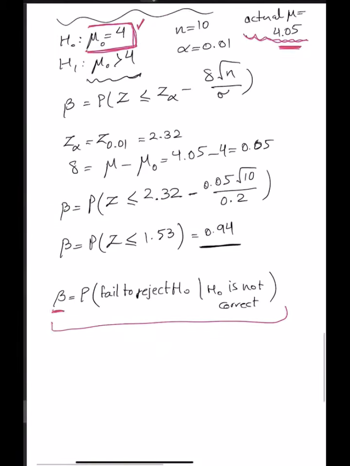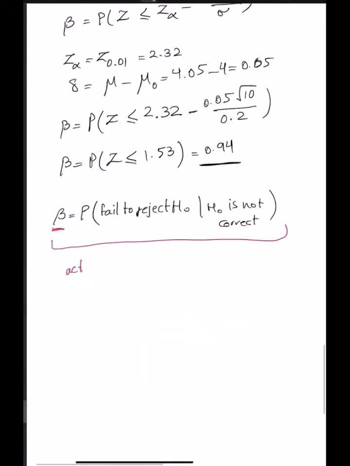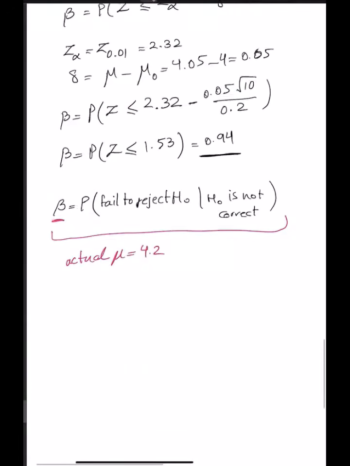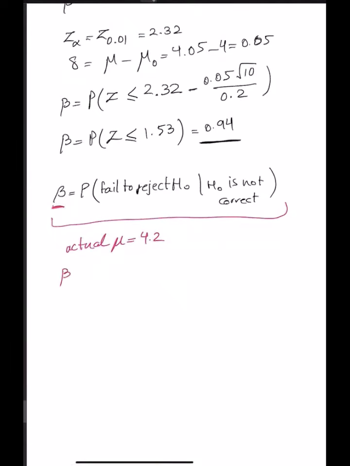For example, here, let's assume that the actual mu is 4.2. So if I calculate the probability of type 2 error, that's going to be the probability of z less than or equal to 2.32. Delta here is going to be 4.2 minus 4, which is 0.2. Minus 0.2 square root of 10 divided by 0.2.